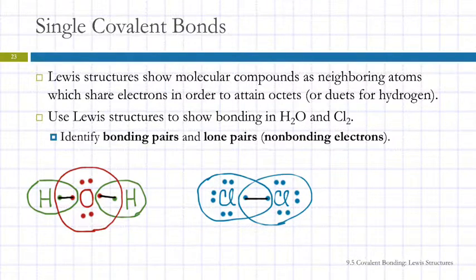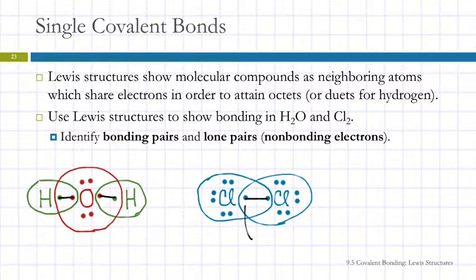We have two kinds of electrons in these structures. We have the electrons that are being shared. Those are called bonding pairs. And then we have electrons that are not being shared. Those are called non-bonding electrons. So these electrons here, let's identify those.